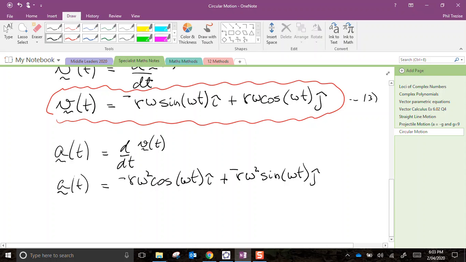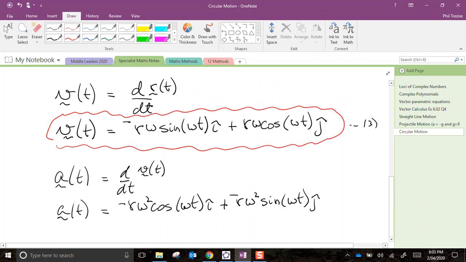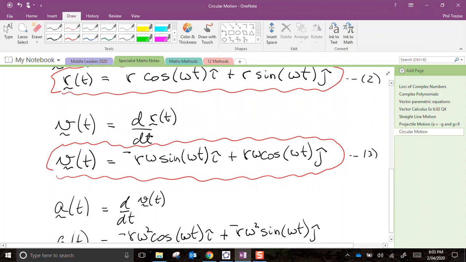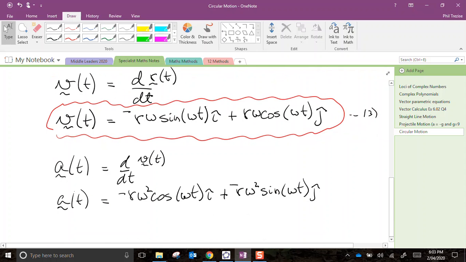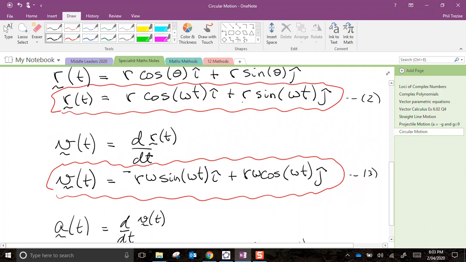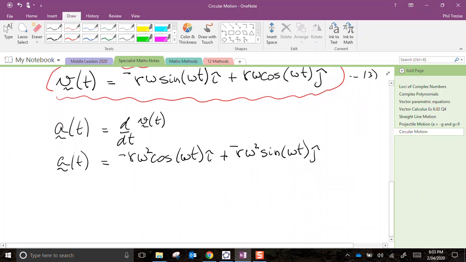So I'm going to make a little comparison between this and what we had back in equation 2. Notice that there was r cosine omega t. We definitely have r cosine omega t. And we had r sine of omega t. We definitely have that as well. But we've had this negative omega squared as well.